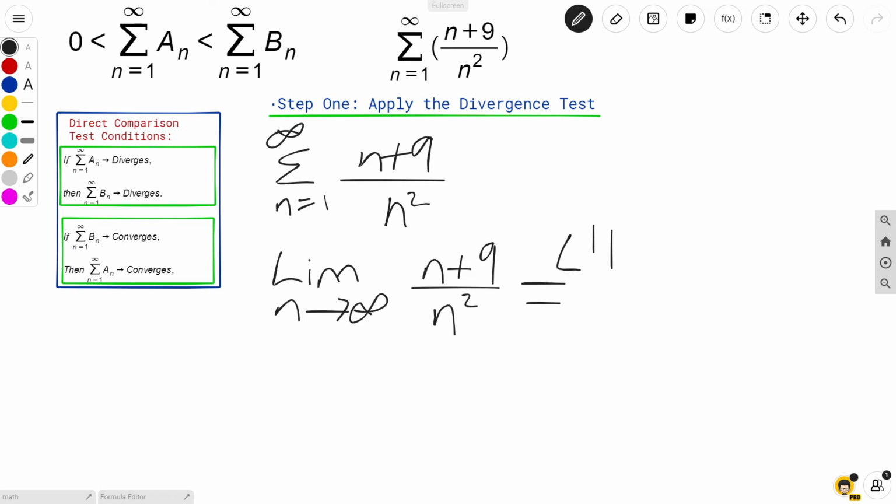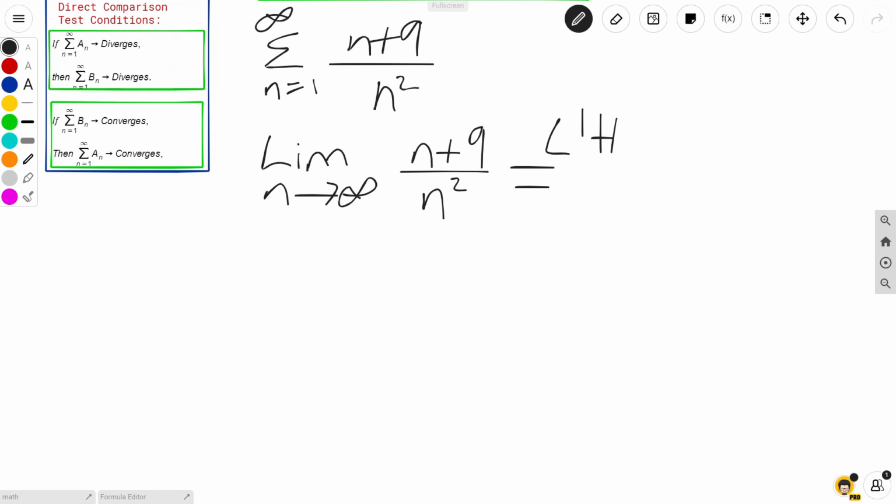we simply apply L'Hopital's rule. And when we apply L'Hopital's rule, taking the derivative of the top and the bottom, we get the limit of 1 over 2n.